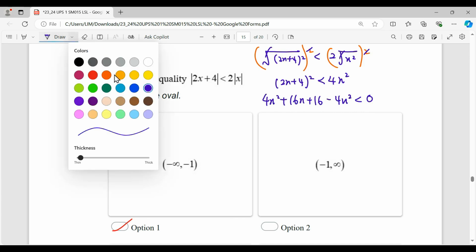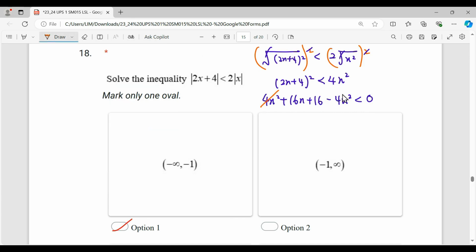So as we minus here, we cancel our 4x squared. Therefore, we have 16x which is linear, so move the 16 to the right hand side, divide by 16, negative 1. So it will be less than negative 1, meaning negative infinity until negative 1, not included because we don't have equal here. So here we have the option.